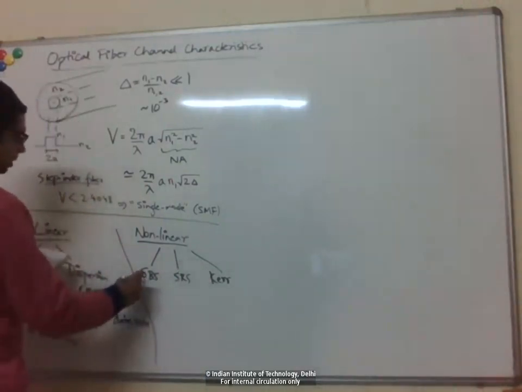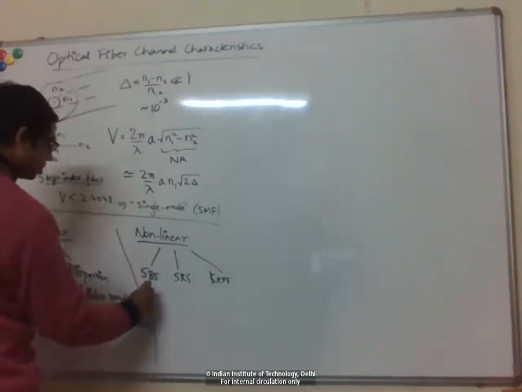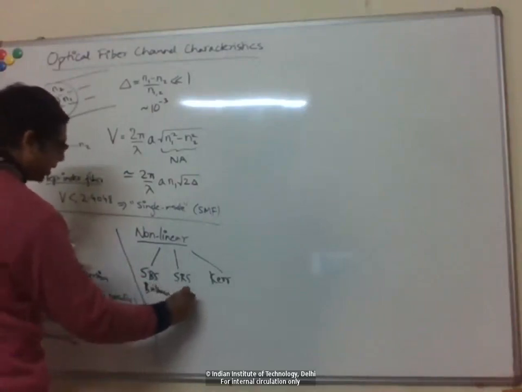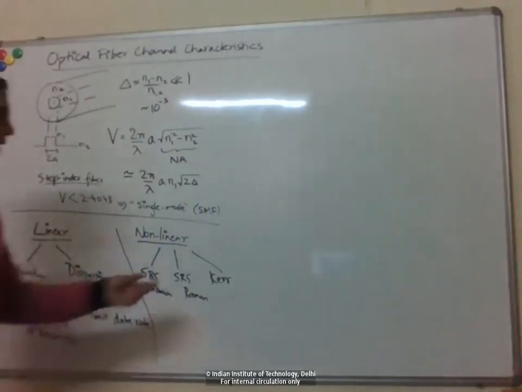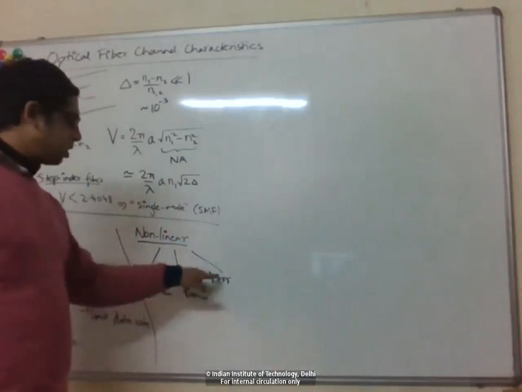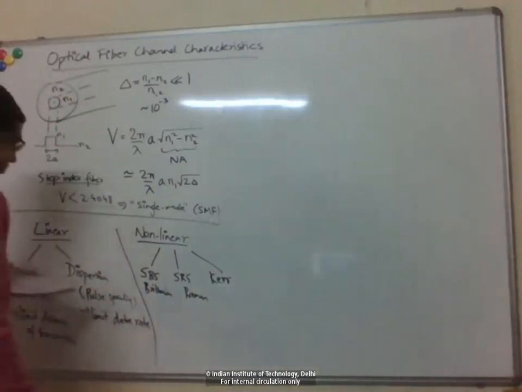One is known as stimulated Brillouin scattering, or SBS. Second is stimulated Raman scattering, or SRS. And then the third is Kerr nonlinearity. So Brillouin, Raman, and Kerr are named after the people who first discovered these effects.